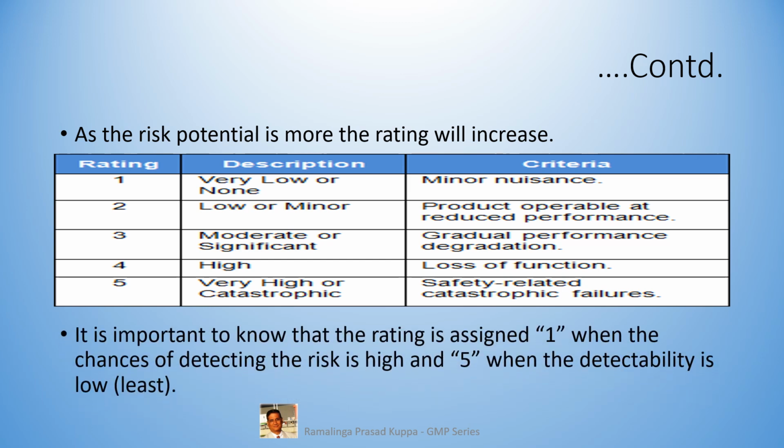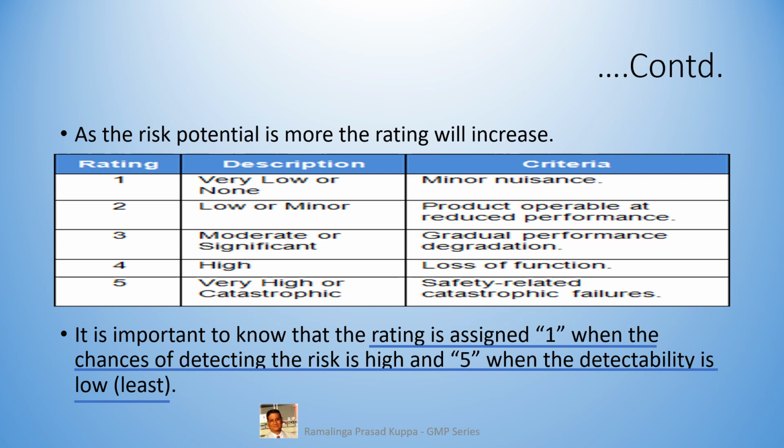It is important to know that the rating is assigned 1 when the chance of detecting the risk is high, and 5 when the detectability is low, that is least. In the RPN scoring, the multiplication will be lower when the detectability is high, for which the rating will be 1, and the SPD number will be high when the detectability is low.